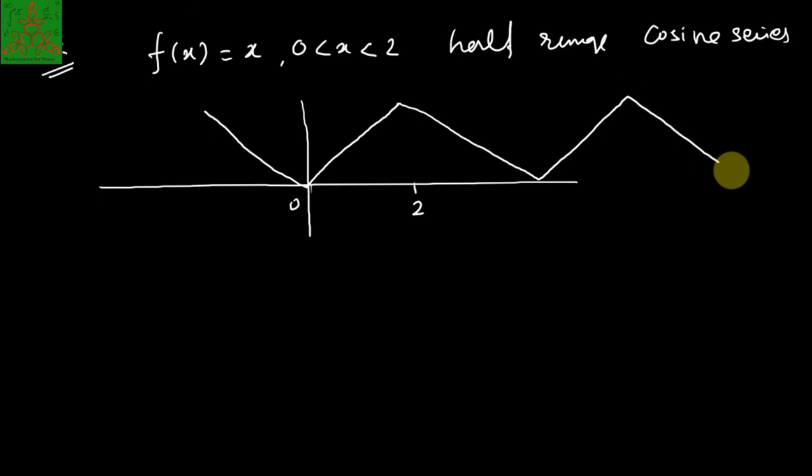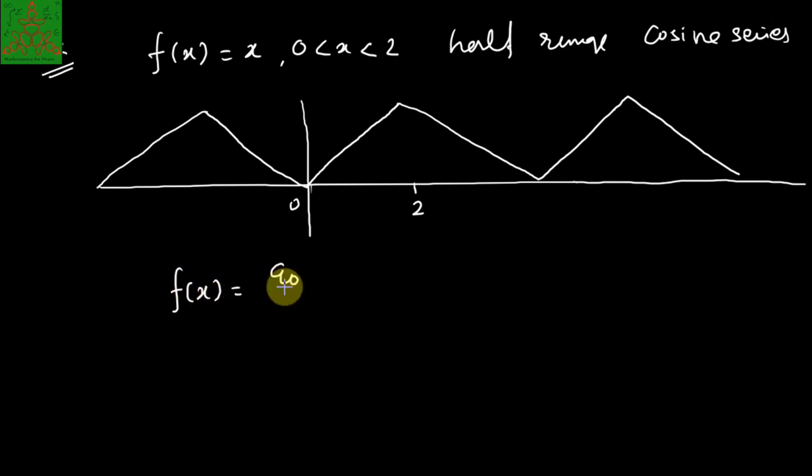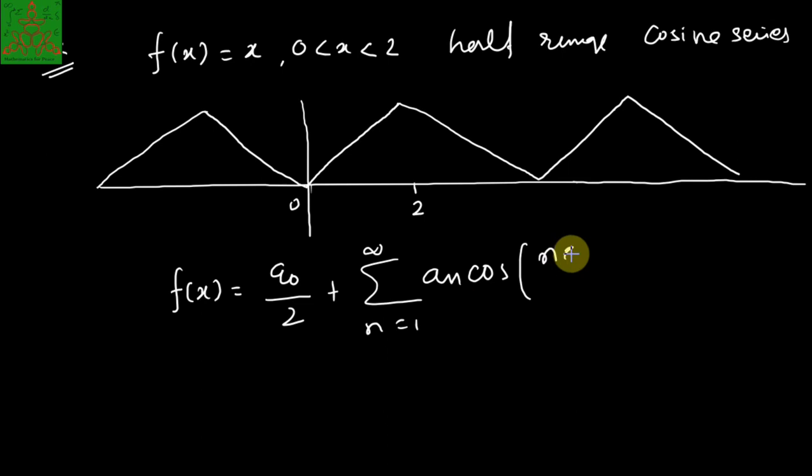So we are approximating this triangular wave in this case, and we know that the half range Fourier series is defined like this: a0 by 2 plus summation n running from 1 to infinity a_n cos n pi x upon 2, because L here is also 2.